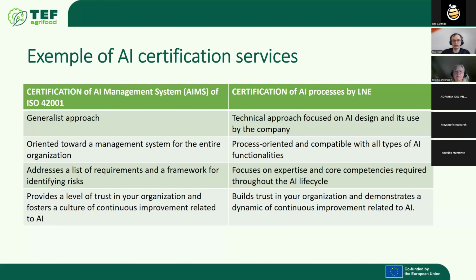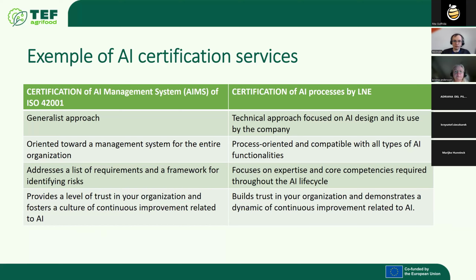The first one is a certification on the AI management system based on ISO 42001. This is a general and organizational approach. It's focused on how your entire organization manages AI: governance, roles and responsibilities, risk management, and continuous improvement.